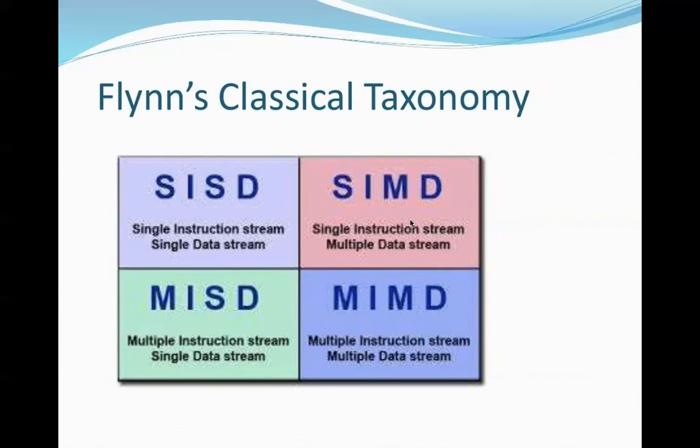SISD means single instruction stream, single data stream. SIMD means single instruction stream, multiple data stream. MISD means multiple instruction stream, single data stream. And MIMD means multiple instruction stream, multiple data stream.